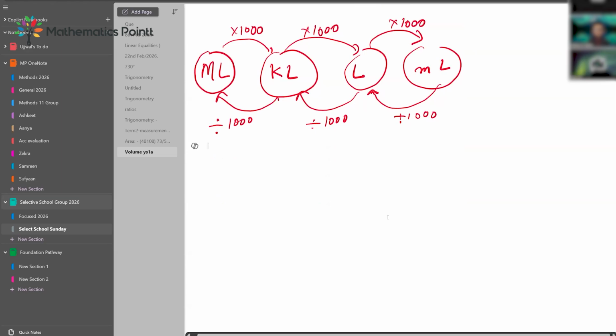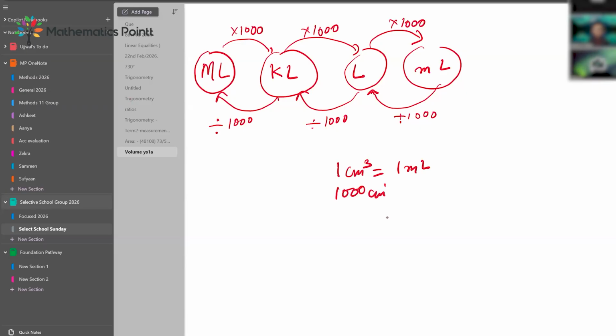And when it comes to the connection between these liters and the volume, I have 1 centimeter cube is 1 milliliter. So how much is 1,000 centimeter cube? Obviously, it is 1,000 milliliters. And what is 1,000 milliliters? 1 liter.